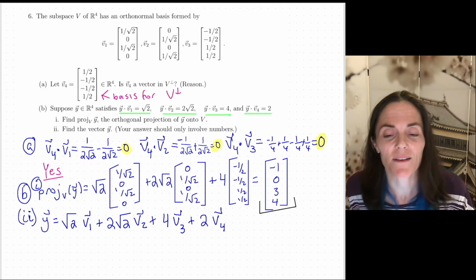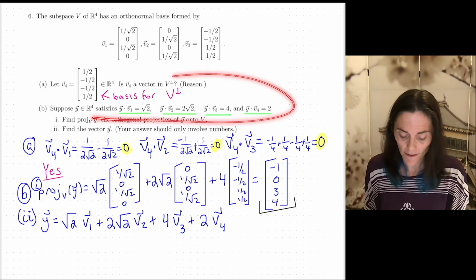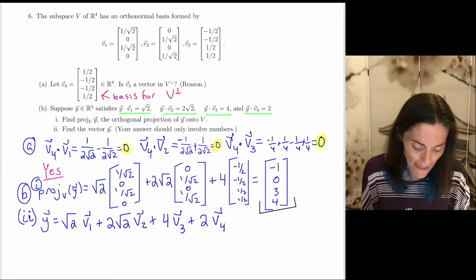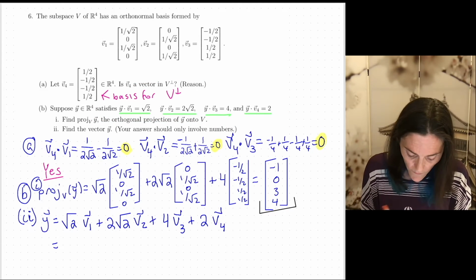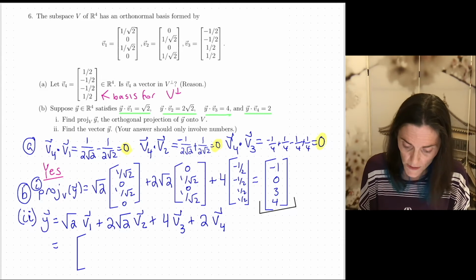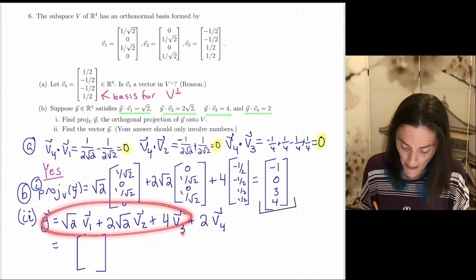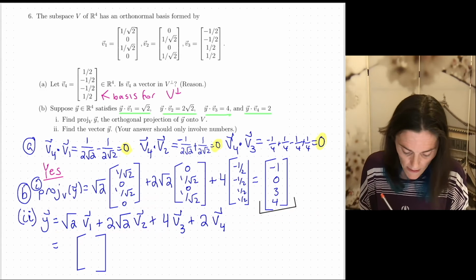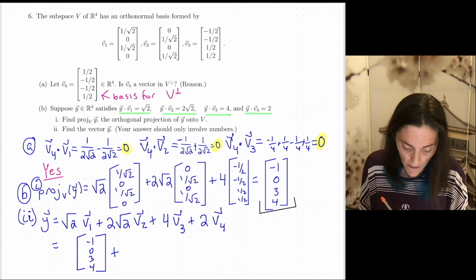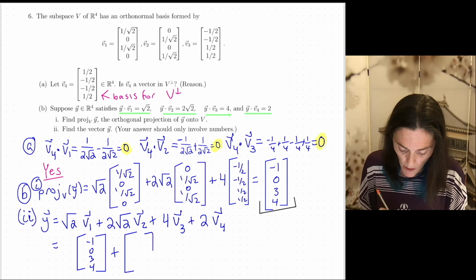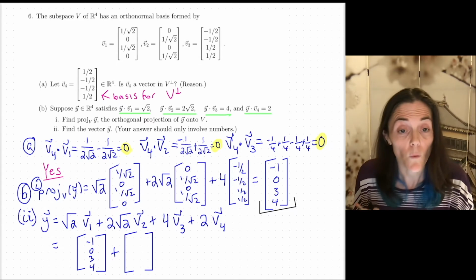And so in effect here are the coordinates. Now we just add. We can save ourselves a little bit of time because the first 3 terms we have already added up. It's this vector, -1, 0, 3, and 4. And then we add what happens when we take 2 times V4.